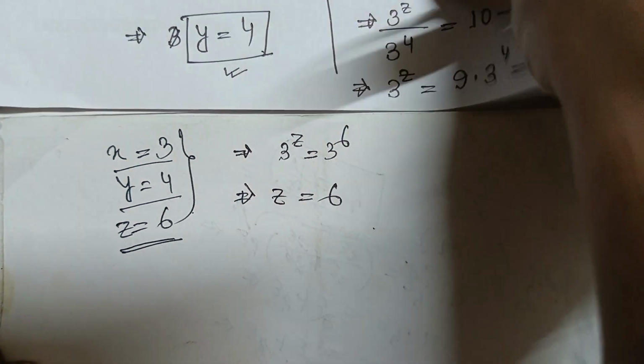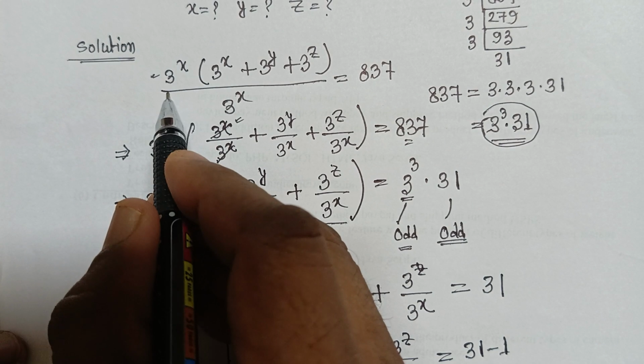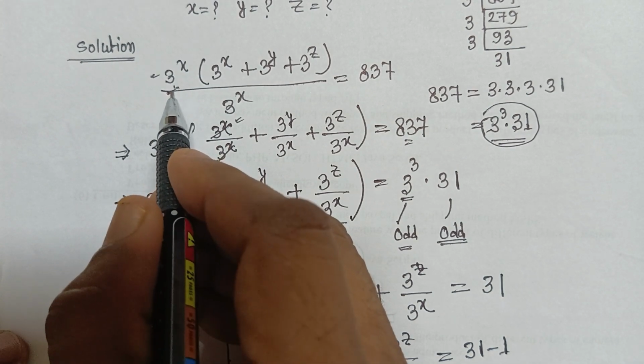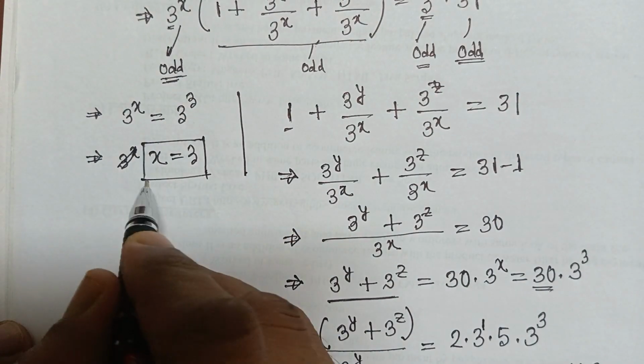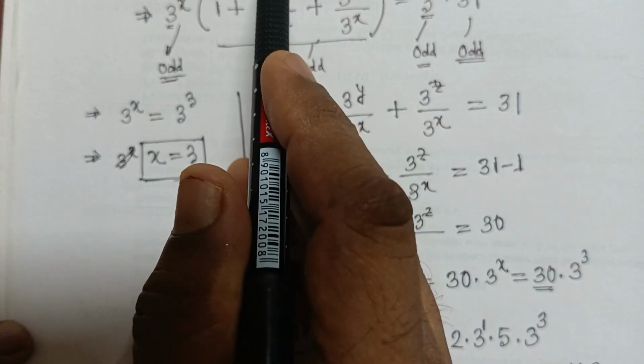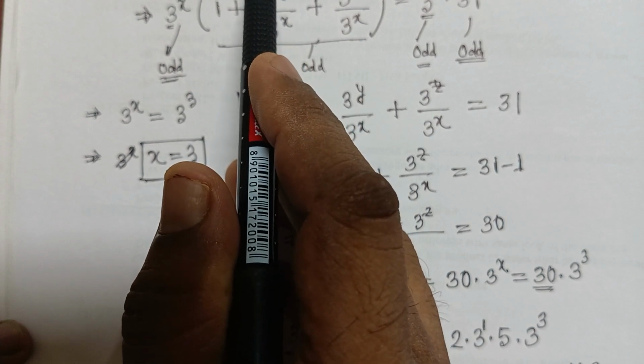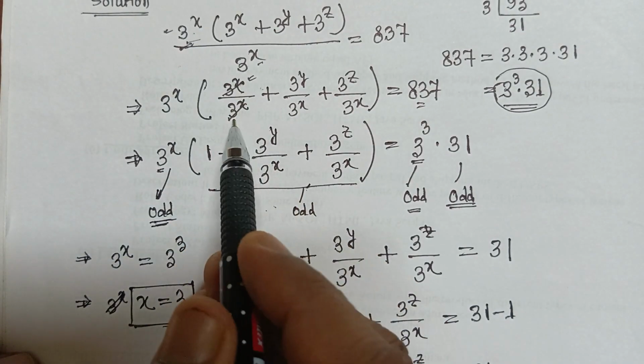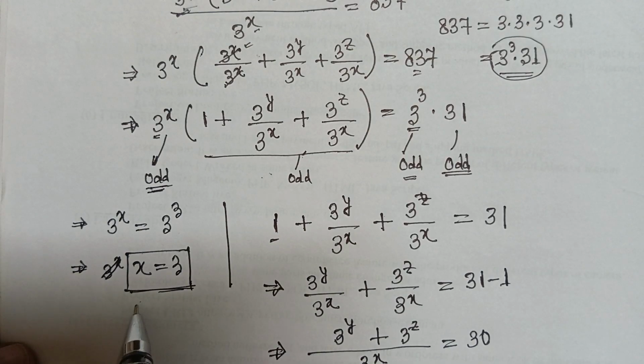But here we first multiplied and divided by 3 to the power x, and after that we got the value of x is equal to 3. If we multiply by 3 to the power y or 3 to the power z instead, then we get the value, maybe y is equal to 3 or z is equal to 3.